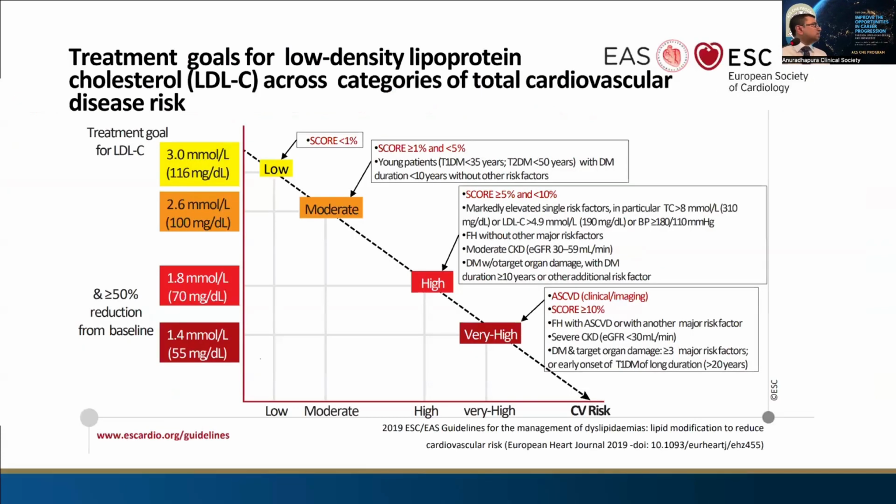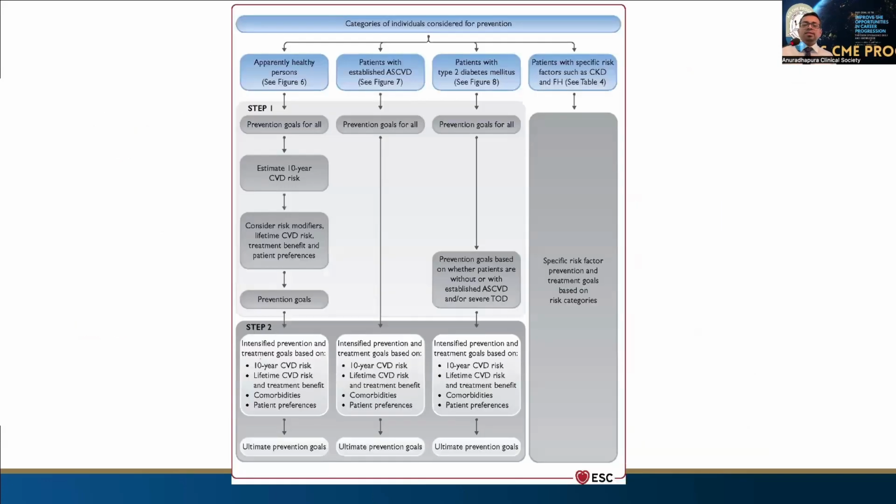Okay. So this cartoon summarizes all these groups, depending on their risk scores. Whatever the risk group, you have to keep the cholesterol according to their risk score. So if very high risk, yes, 55; extreme, 40; and 70, 100, and 120 or 160.